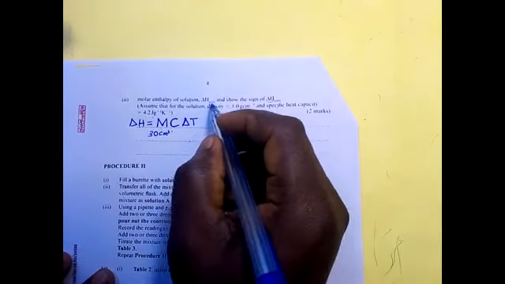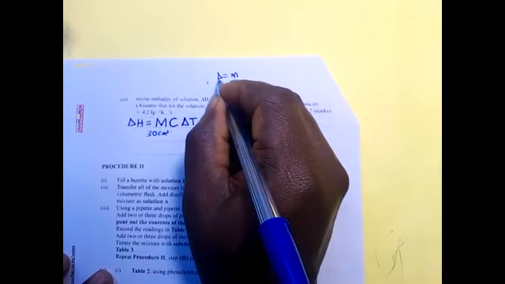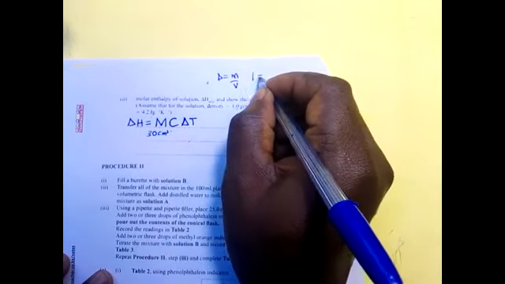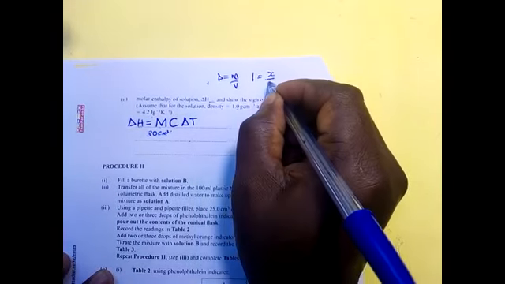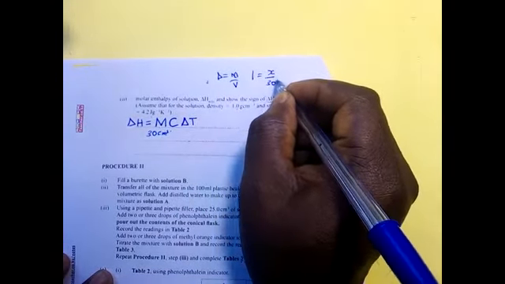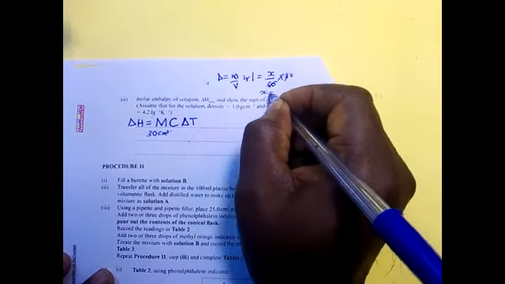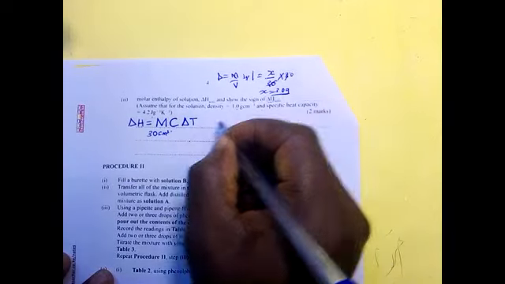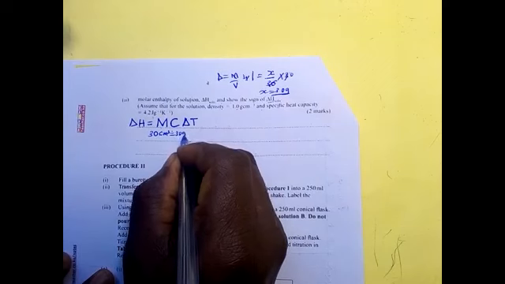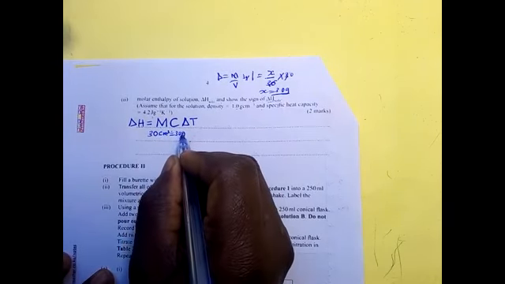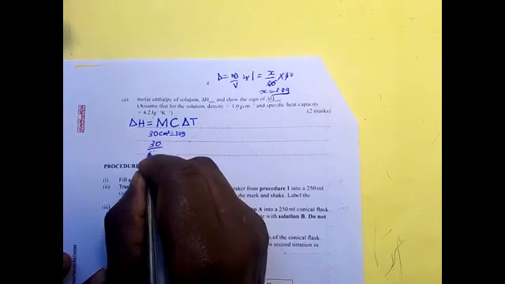Remember, you should know that the density equal to mass over volume. Now the density of water is 1. The mass we don't know, but we have the volume which is 30. So we multiply times 30 both sides. So X equal to 30 grams. Now this 30 centimeters cube is as good as 30 grams. Now we convert 30 grams to kilograms. So that is now 30 over 1,000.